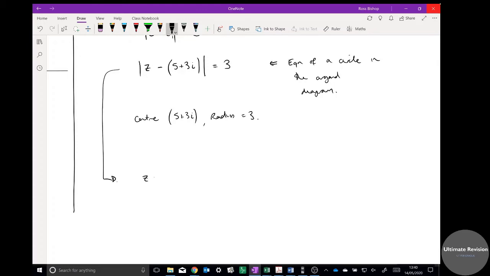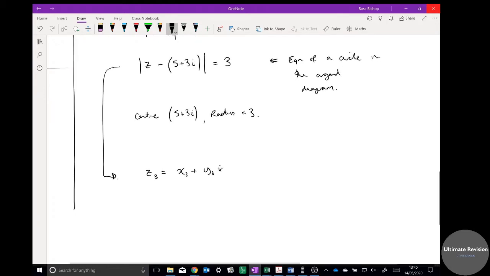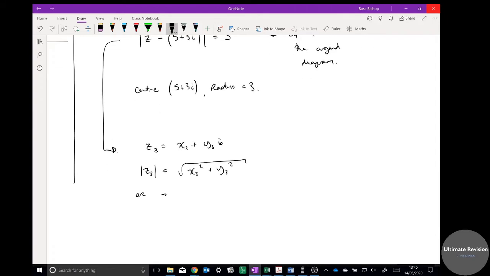Remember, if z3 is a complex number x3 plus iy3, the modulus, the length of that line, is going to equal the square root of x3 squared plus y3 squared. We've done that already. Or the modulus of z3 squared is going to equal x3 squared plus y3 squared.